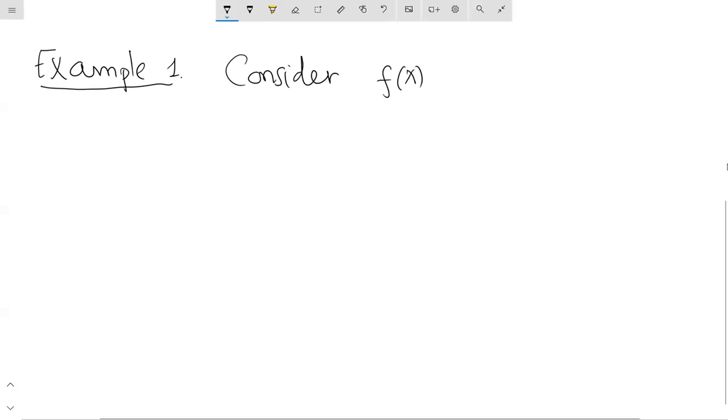So let's compute a few Laplace transforms using the definition. Consider our constant function f of x equal to 1 for all x. This is a constant function 1. So we want to know what is the Laplace transform of this function.